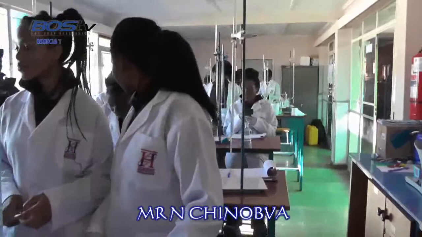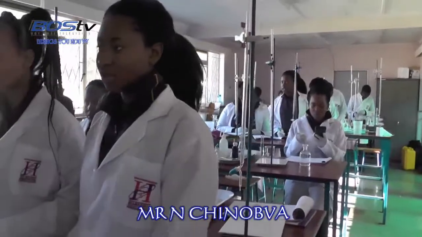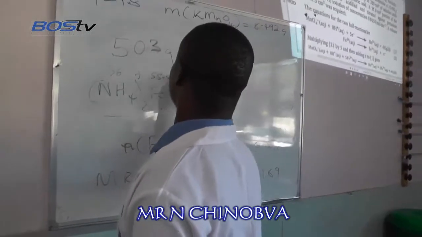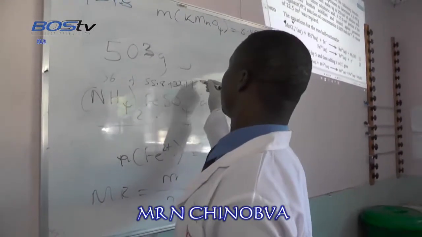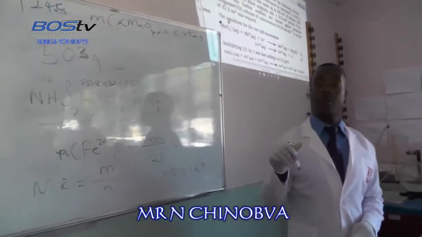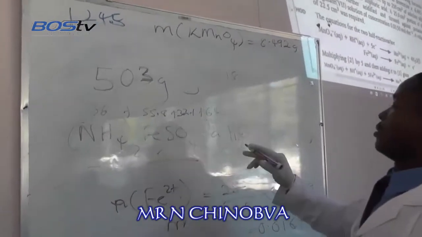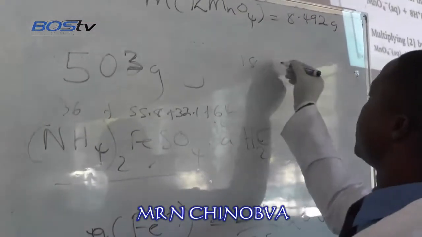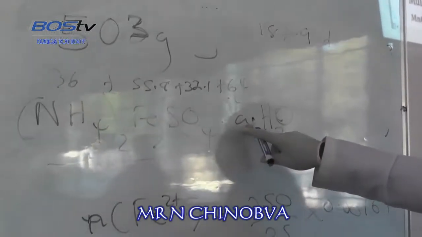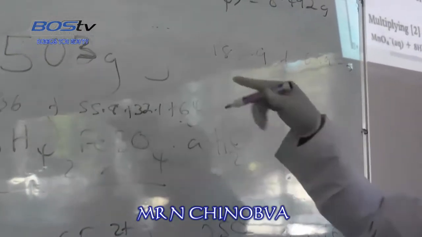For this portion, it's 18 times 2. That's 36. 36 plus 55.8 plus 32.1 plus 64 gives 187.9, plus 18 times A. This would give us the total molecular formula.